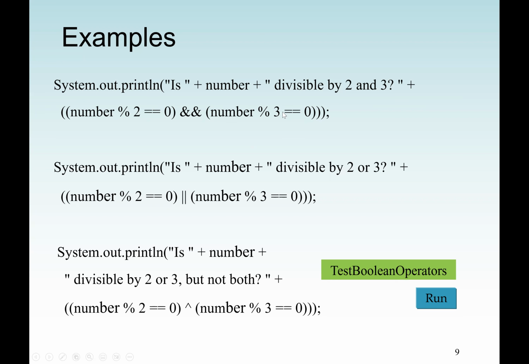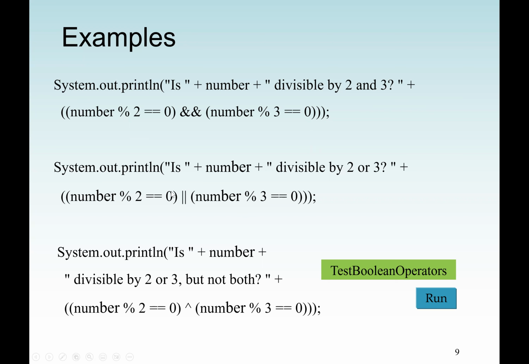Number modulus 3 equal to 0 means if I divide the number by 3, the remainder will be 0. So that's what we are checking. We can use the AND operator. For example, 6 will be correct: 6 modulus 2 gives 0, and 6 modulus 3 gives 0.